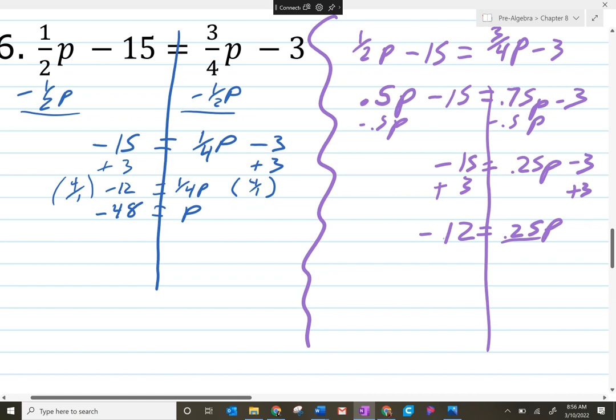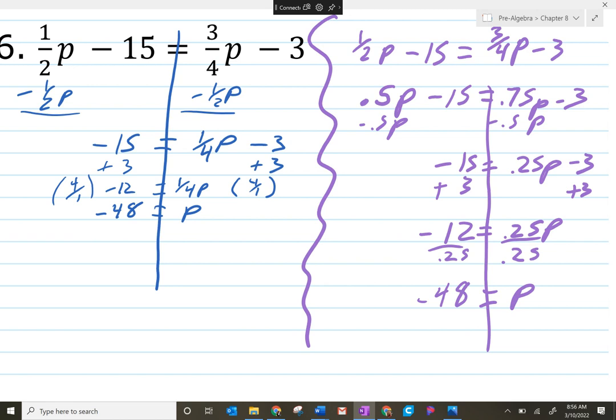I want to divide both sides by the same number, whatever's in front of that p. So I'm going to divide both sides by 0.25. Punch to my calculator because decimals are difficult to work with. So negative 12 divided by 0.25, I get negative 48 for p as my answer. Do I have the exact same answer on both sides? Yes, I do. Again, if you prefer to work with decimals, you can do that. If you prefer to work with fractions, you may do that. Okay?